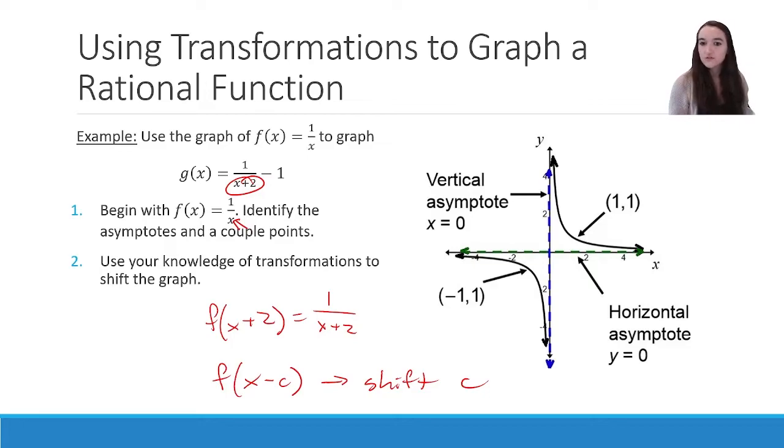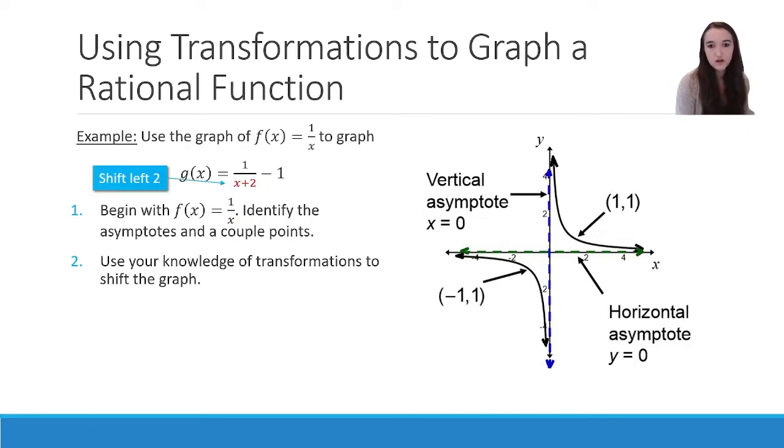Specifically, we're going to shift left or right, depending on whether we have a positive or a negative number. So, if it is x minus 2, we would go to the right. x plus 2, we'd go to the left. So in this case, this is x plus 2. We're shifting to the left by 2.